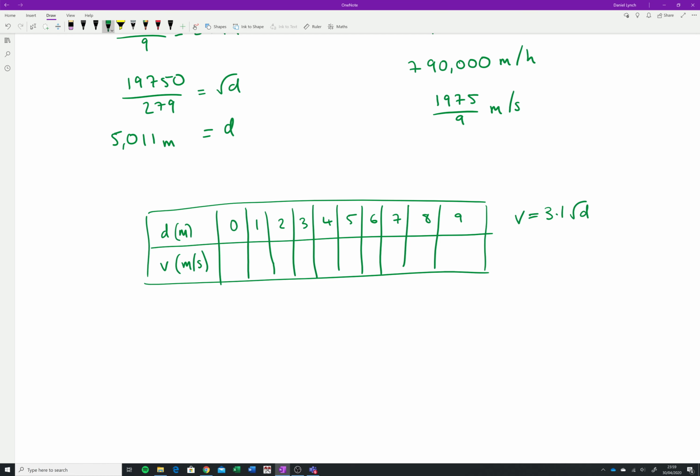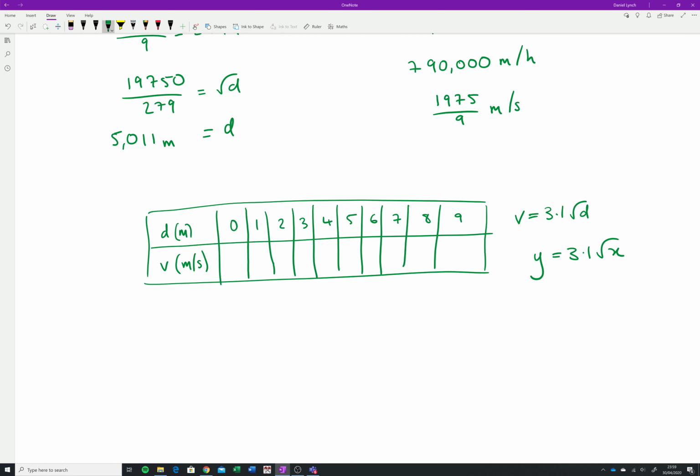You can just blast it all in, but this is a perfect time for you to remember how to use the table function on your calculator. So if d is your input, you're inputting 0, 1, 2, etc. and v is going to be your output. So you could think of it as y is equal to 3.1 times root x, just for your calculator.